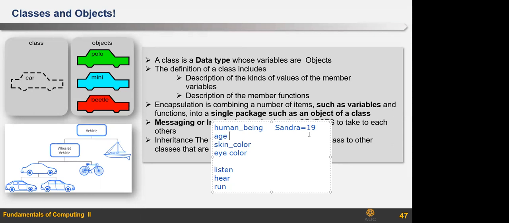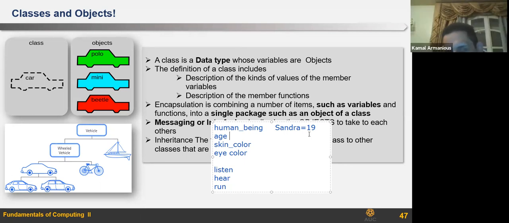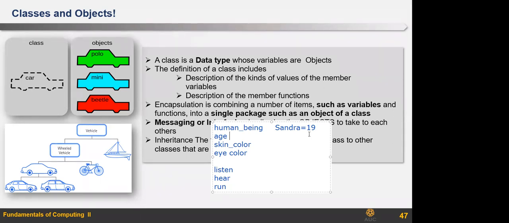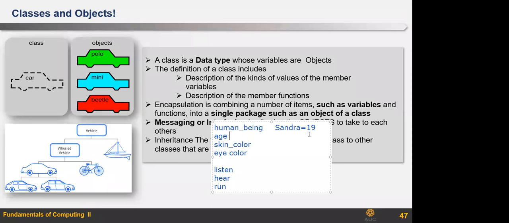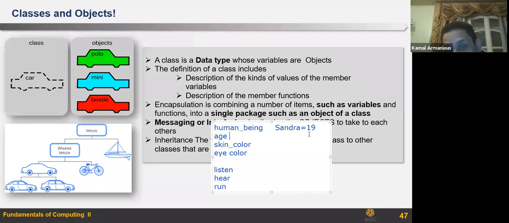If I tell you a button, is this a class or an object? It can be both, doctor. It can be both, yes, but it's more into a class. If I tell you Samsung, is it a class or an object? It can be both, I know, but more into what? An object, because it's Samsung, it's LG, it's iPhone.